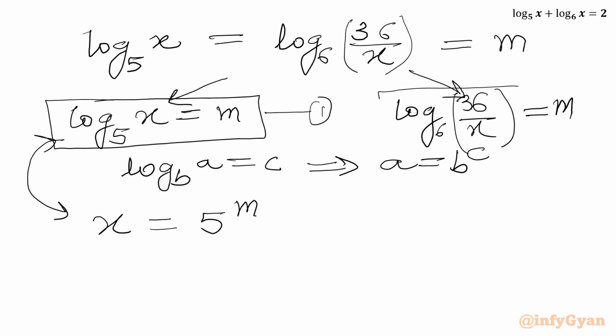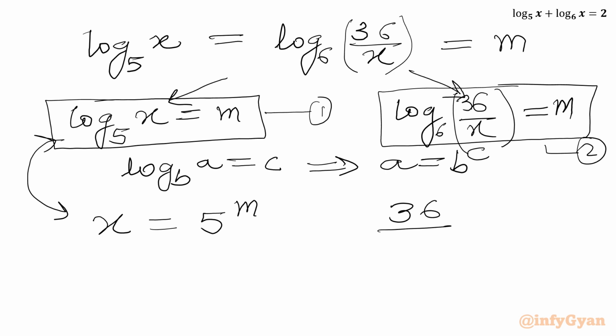And the exponent form of equation number 2 will be 36 over x equal to 6 raised to the power m. So I will call them equation 1 and equation 2, only the form change is there.